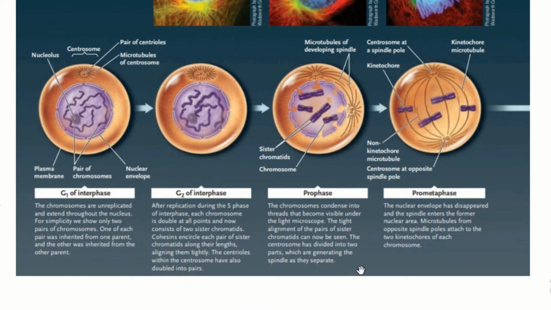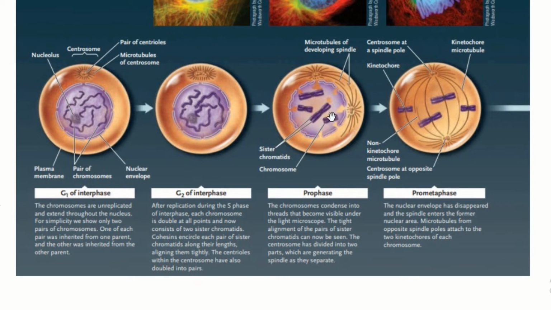Prophase. Chromosomes condense into threads that become visible under the light microscope. The tight alignment of the pair of sister chromatids can now be seen. The centrosome has divided into two parts which generate the spindle as they separate. You can see here the sister chromatids.